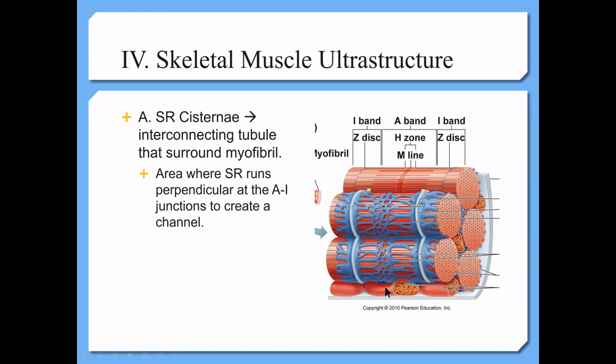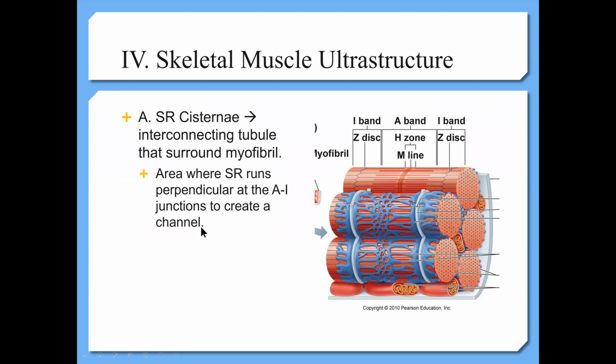We have a cistern. Cisterns are collecting areas. If you've ever been around people that collect water, they may have a cistern, or people that have pumps may have cisterns where water is collected. This is a cistern here, with interconnecting tubules that surround the myofibrils.